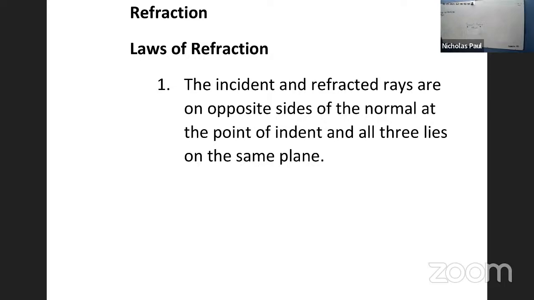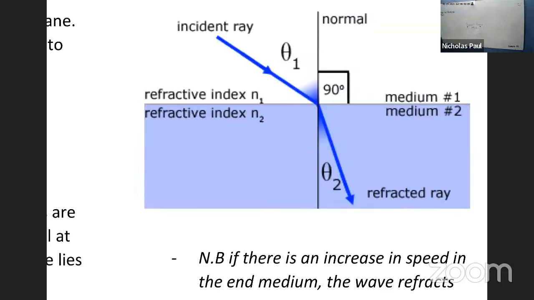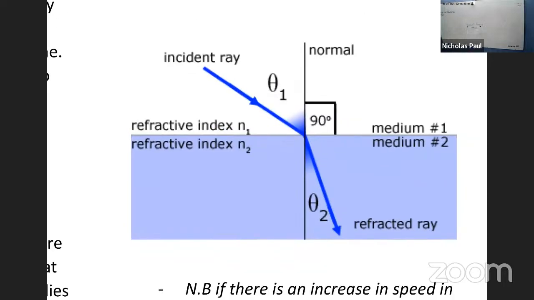Refraction, on the other hand: the incident and the refracted rays are on opposite sides of the normal at the point of incidence, and all three lie on the same plane. All these things we kind of know. But look here, refraction depends on light as it goes through mediums of what? Different densities.